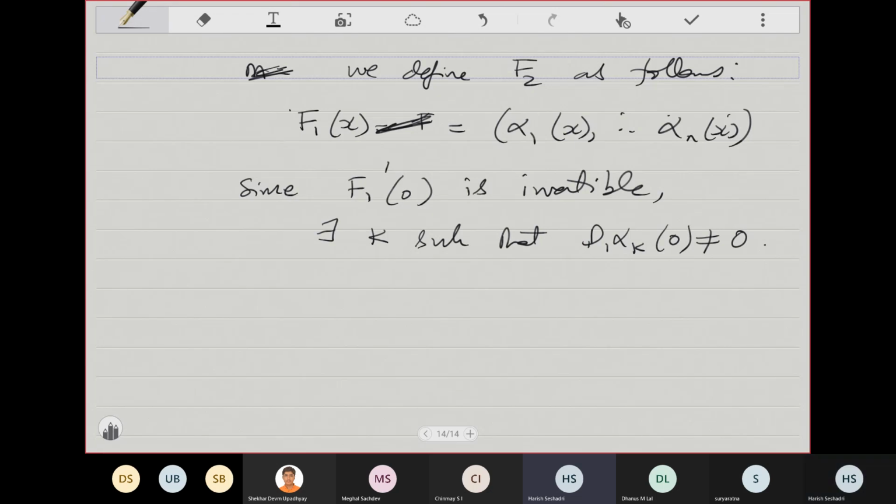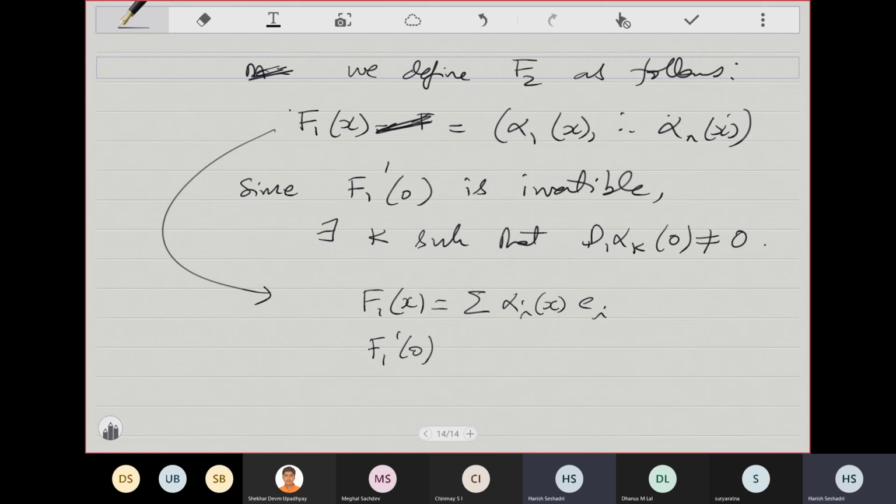Why is this? To see this, you just write this equation as f1(x) is basically the sum of alpha_i(x) e_i, and then f1 prime 0 acting on e_1 is given by the alpha_i prime at 0.